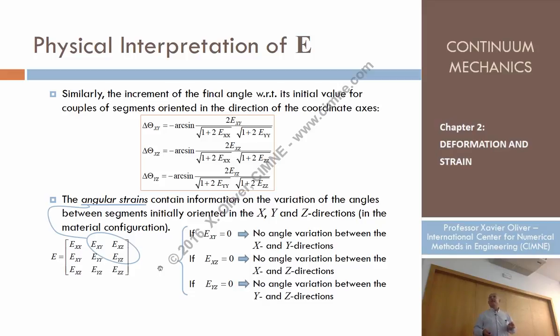If they are negative, that means that the length in these directions decreases. So having a look at the sign and the values of the components of the material strain tensor, we have an idea of how a given segment oriented in a certain direction, or a given couple of segments oriented in the Cartesian directions, have moved along the deformation.